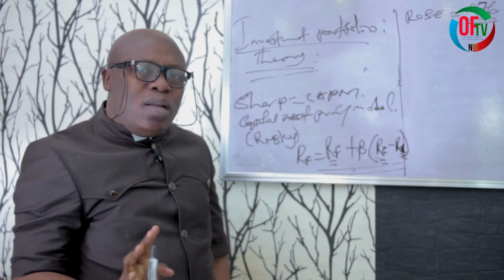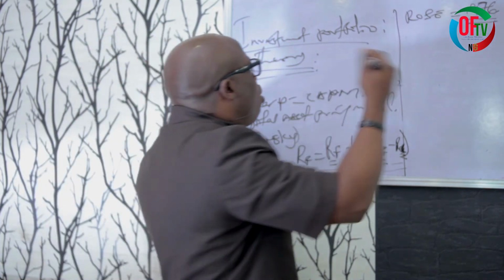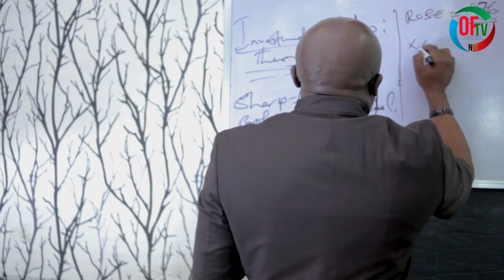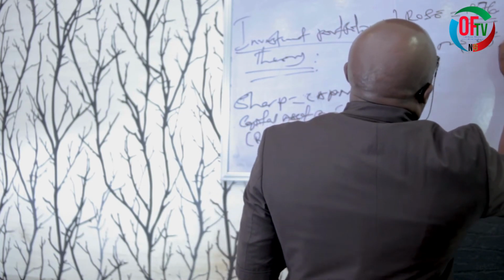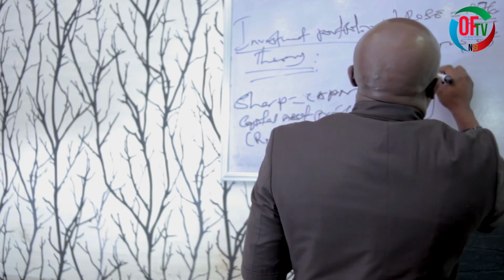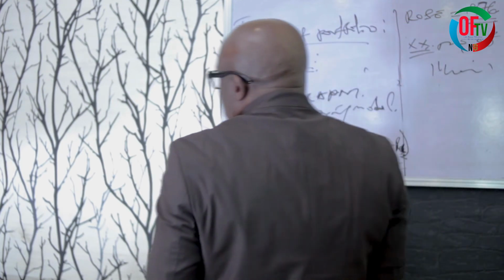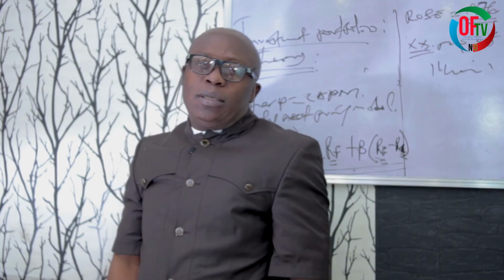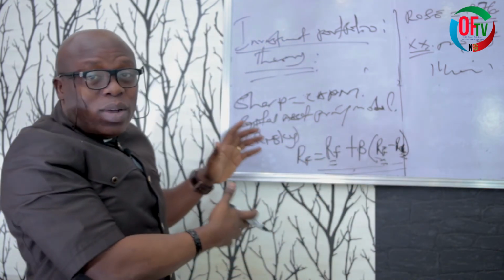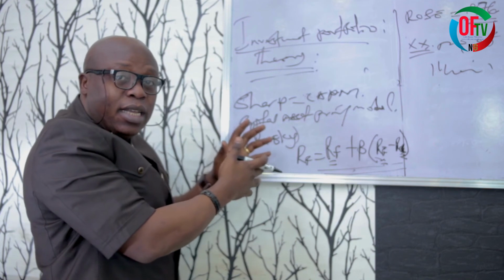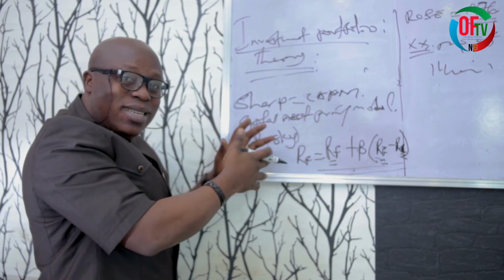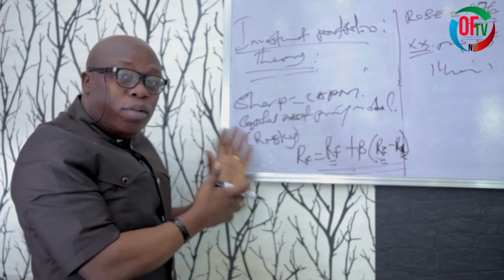Meaning there are also macroeconomic factors that affect business apart from these. That's what this Ross was saying. So apart from all these factors, these guys have said that this is not the only real fact, the only factors that you can see when you are looking at an investment portfolio.